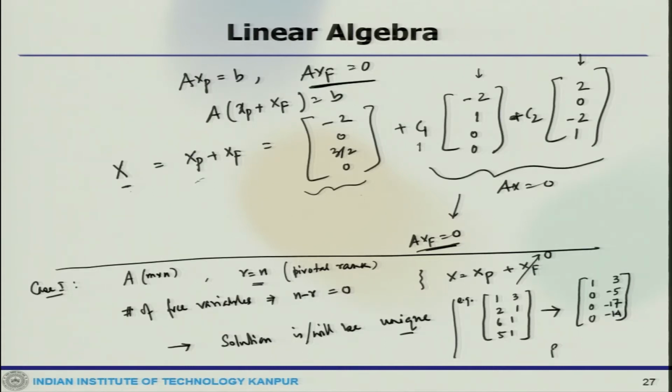So, the row reduced form is essentially I and F, and the solution is going to be unique. Now, that is the particular situation where you have this case.